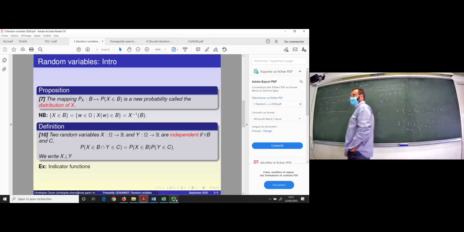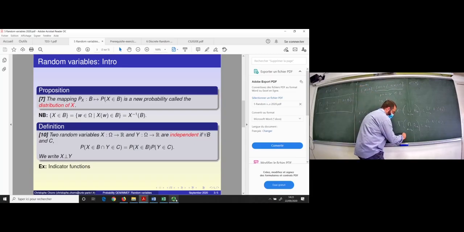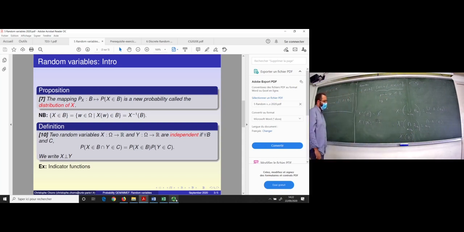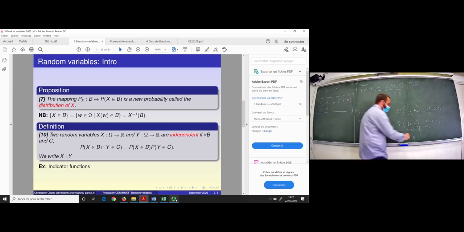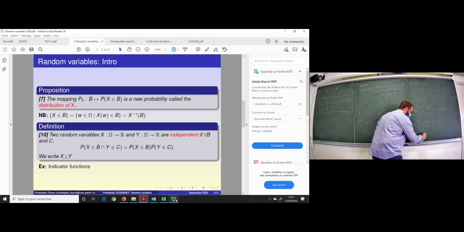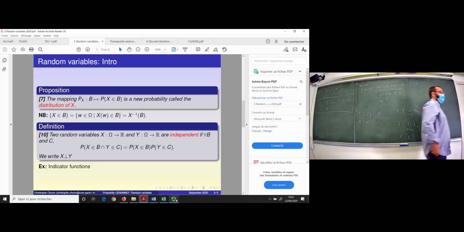So you have these nice properties concerning the preimage of a set by a mapping. In some sense, you can do anything you want, and you have also the following, the last one. X minus 1 of B complementary is equal to X minus 1 of B complementary.